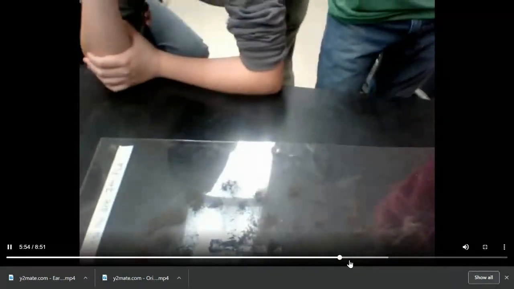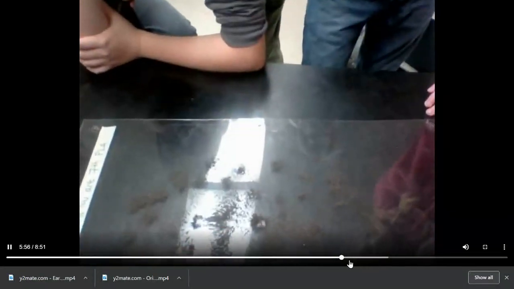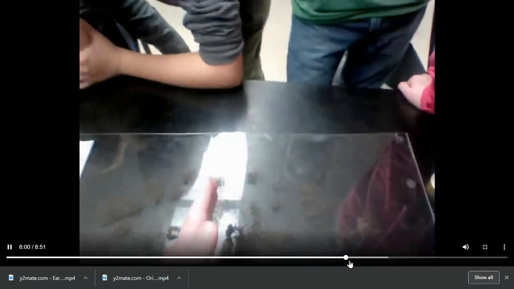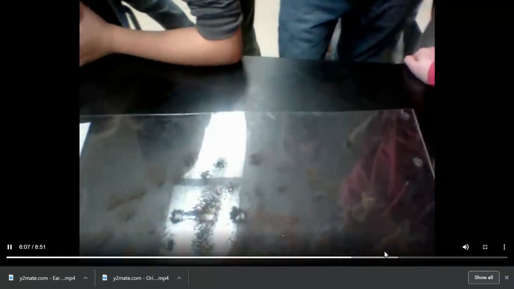Do you see how we have lines that are starting to form? See the lines spreading out, coming out like that? That's where each one of those iron filings is starting to line up according to its field.